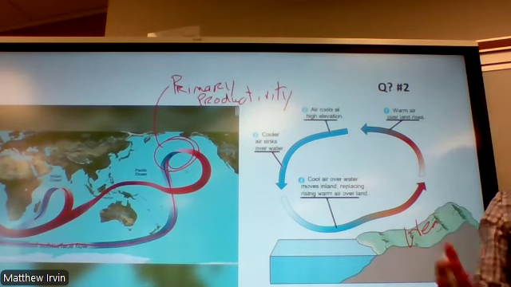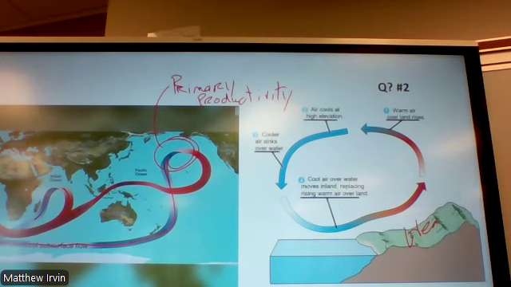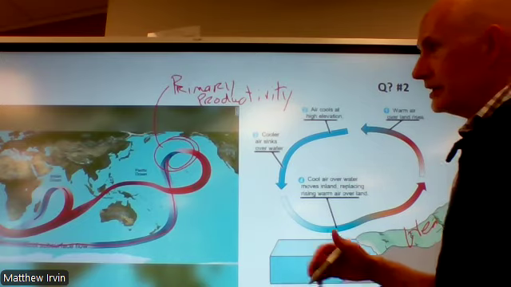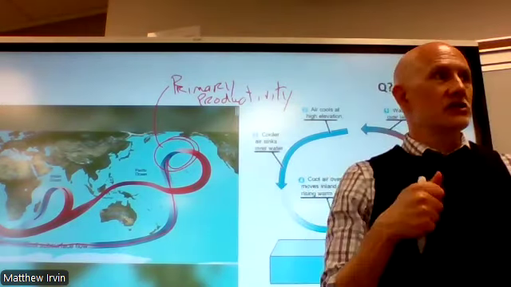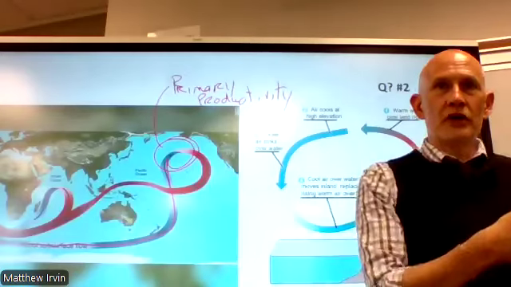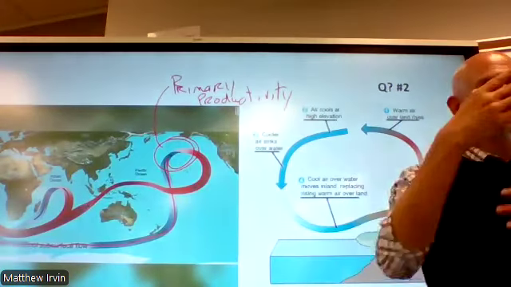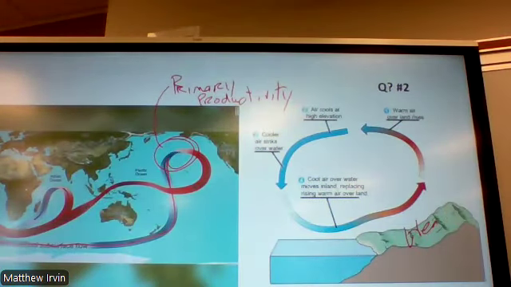It helps moderate the temperature along the coast, which gives you milder climates, versus the Midwest of the United States, which is super hot in the summer and super cold in the winter, because you don't have these large bodies of water to absorb and release heat and help regulate the temperature.